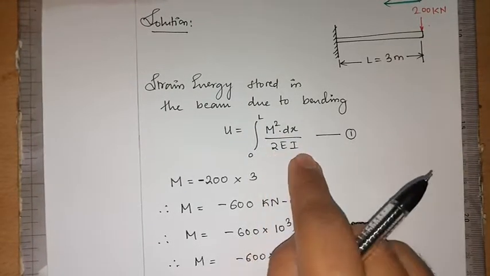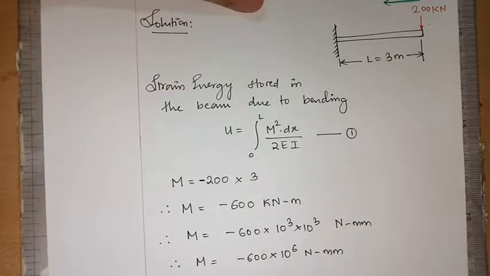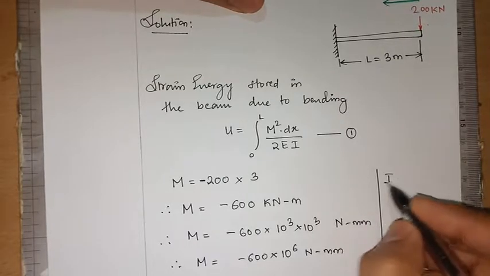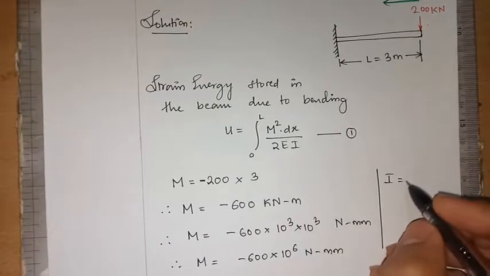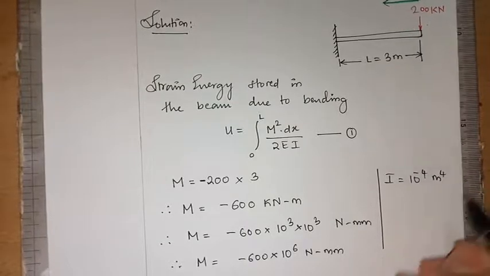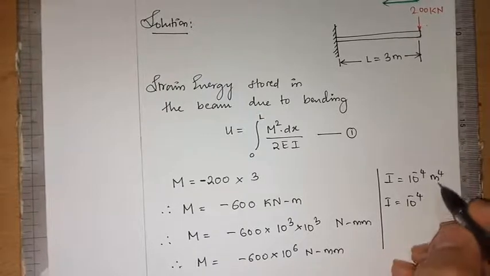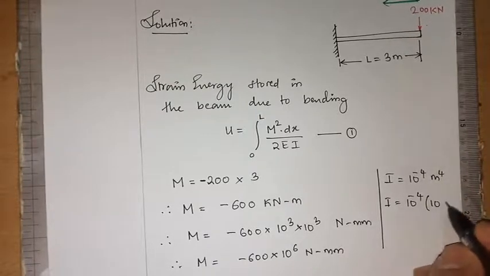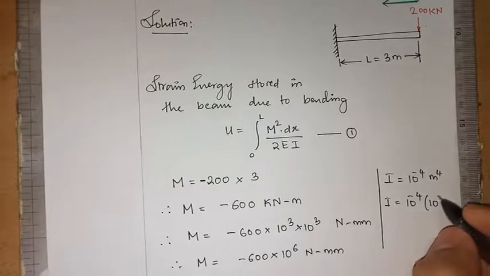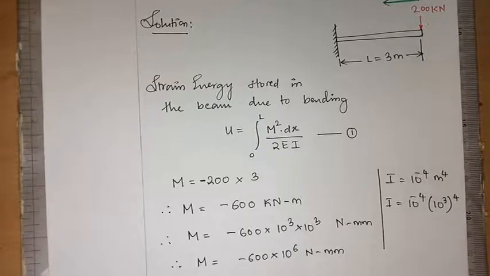E is known to me, I is given to me in the problem. I is equal to 10 raised to minus 4 meter raised to 4. 1 meter is how many mm? 1000 mm is 1 meter, so 10 raised to 3, and it is raised to 4.